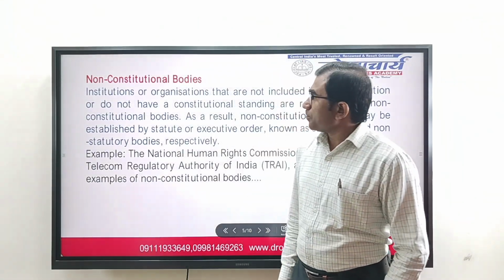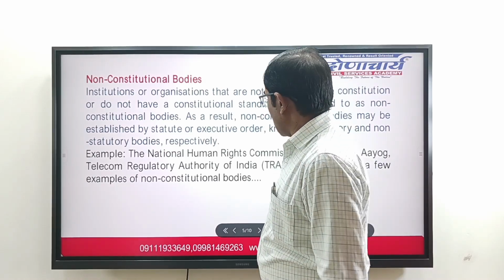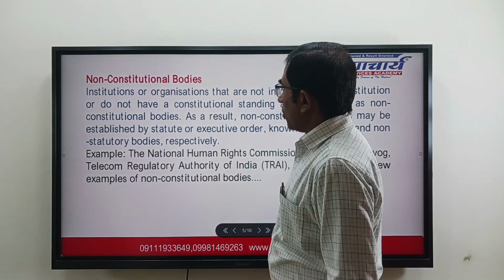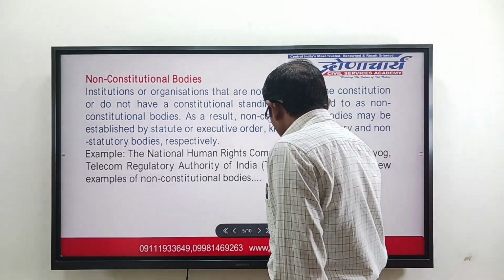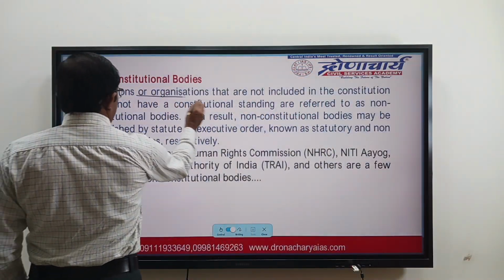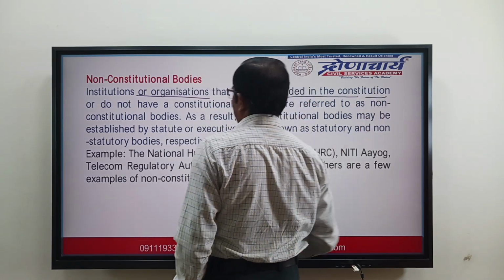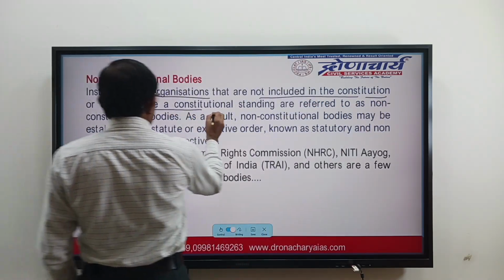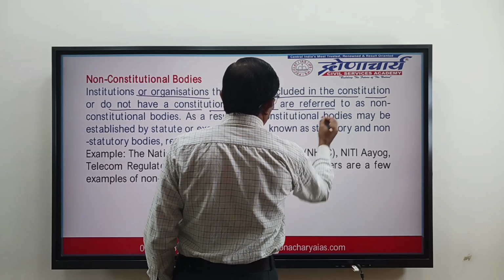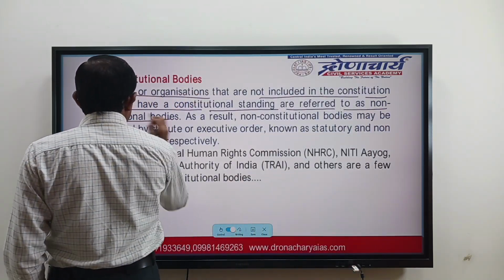Next is non-constitutional bodies. Firstly, what are non-constitutional bodies? Institutions or organizations that are not included in the Constitution or do not have a constitutional standing are referred to as non-constitutional bodies.